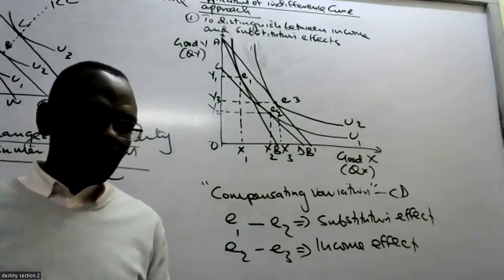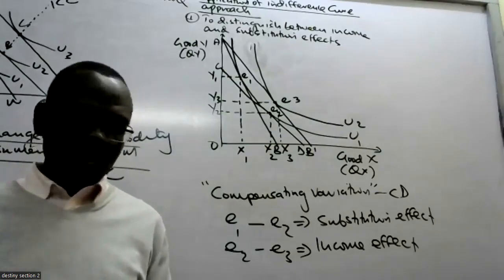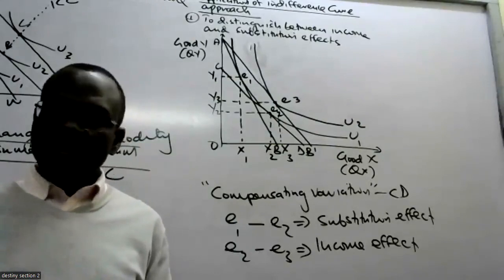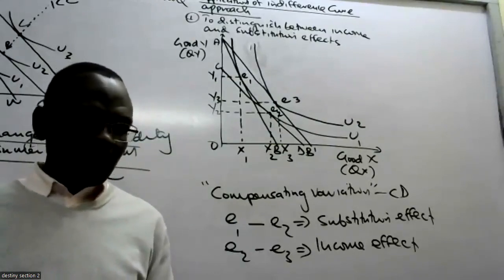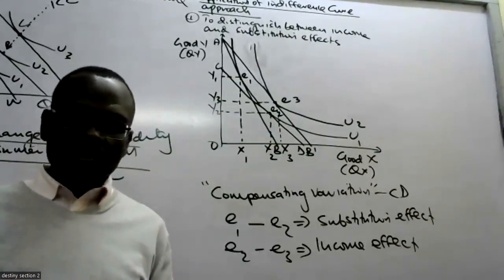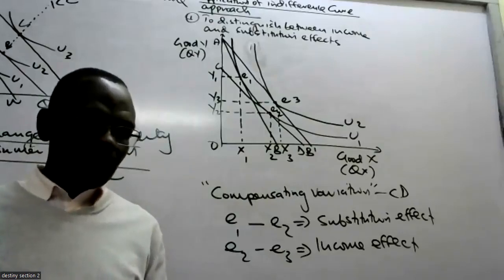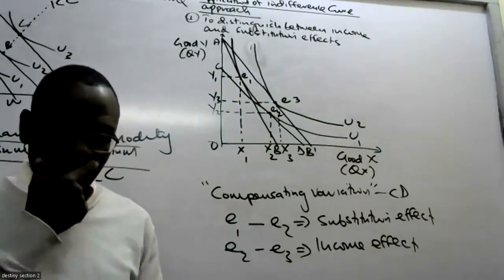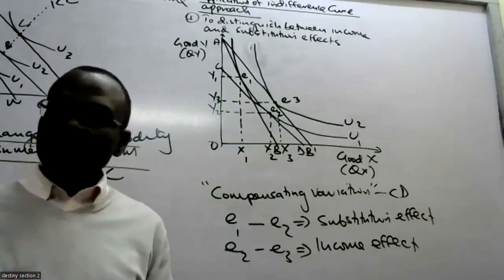The movement from E1 to E2 is the substitution effect. This is where the consumer is not better off, but has substituted X1, X2 units of X for Y1, Y2 units of Y because of the change in the relative prices.